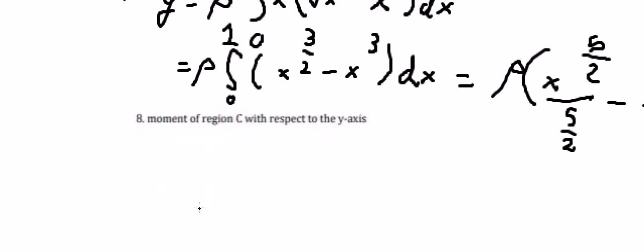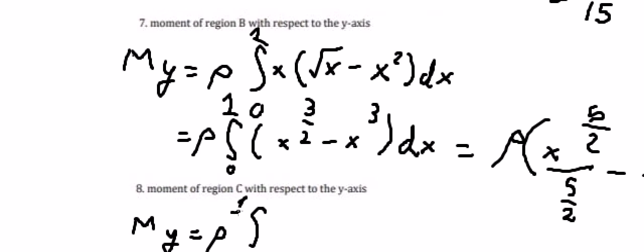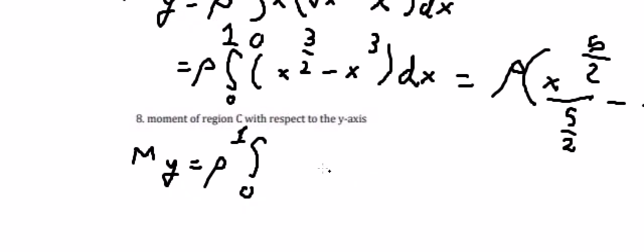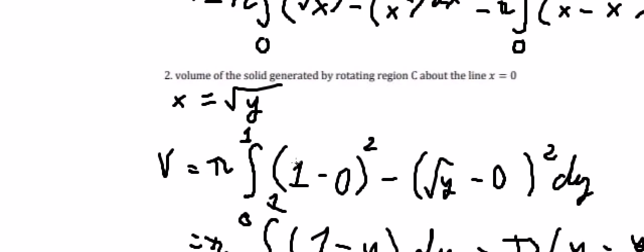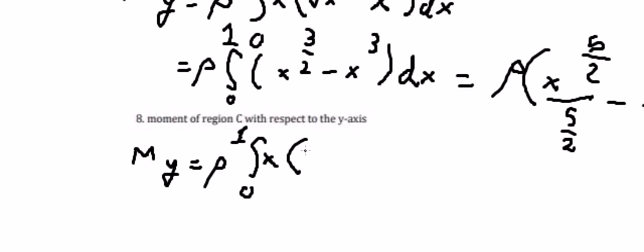So now let's go to question A. We have region C, with respect to y equals root s. We use a similar formula. So we have s in here. Region C, that's about this one, and we get s squared.